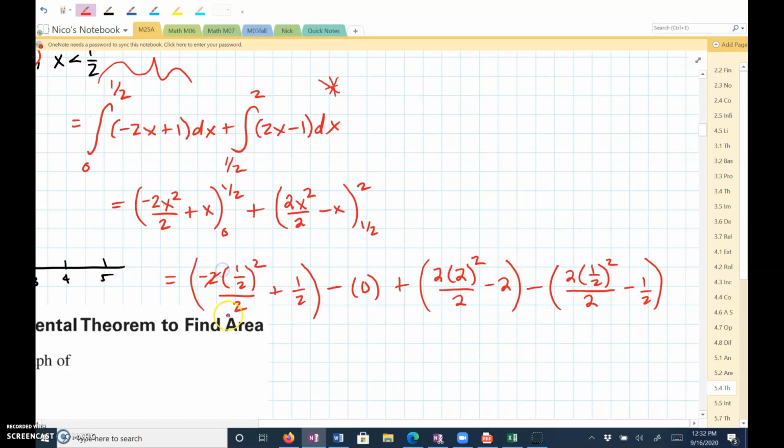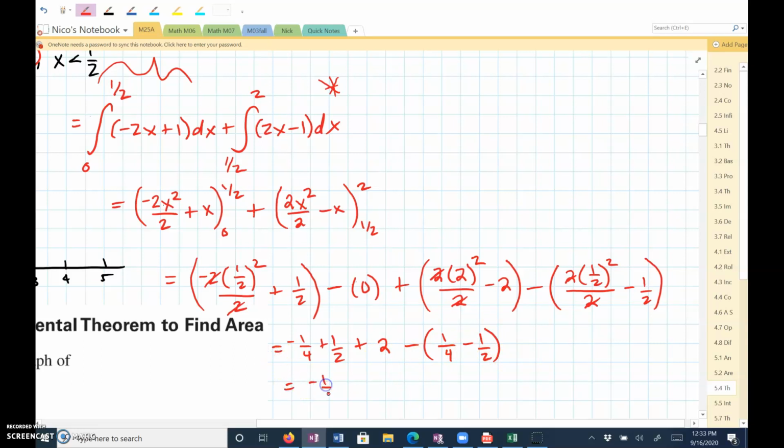So these 2's cancel out. 1/2 squared would be 1/4. There's still a negative sign there, so this is going to be negative 1/4 plus 1/2. Plus, these 2's cancel out. 4 minus 2 is 2, minus 1/4 minus 1/2. Distribute the negative all the way through.